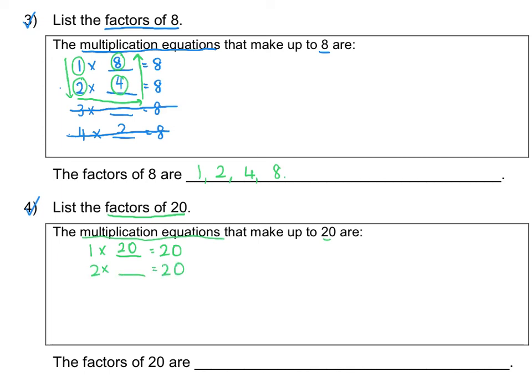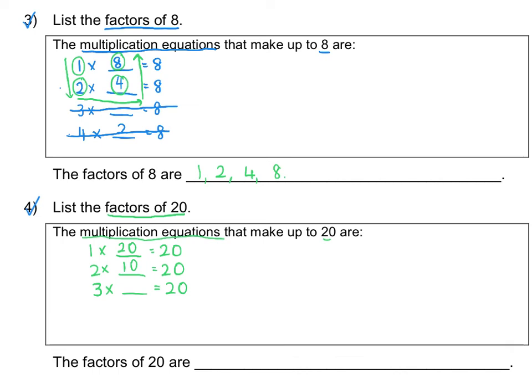Now use your 2 times table to help you. 2, 4, 6, 8, 10, 12, 14, 16, 18, 20. How many fingers? 10 fingers.